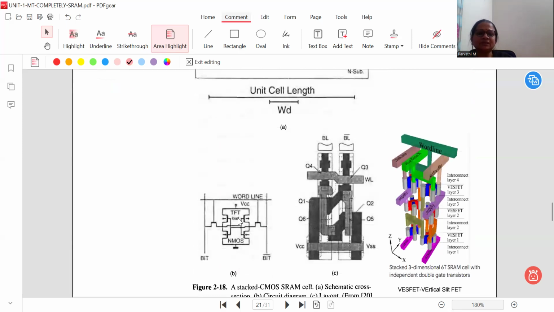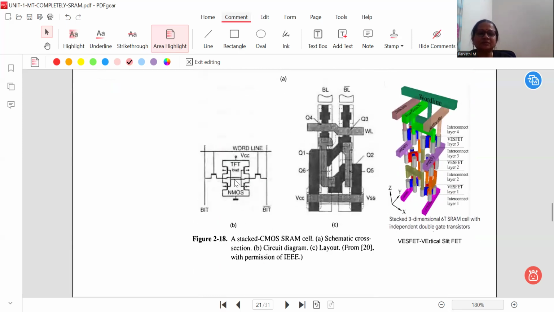Here this cell is represented in the circuit diagram. If you observe, the load devices are TFTs, and the access transistors as well as the pull down transistors are NMOS, and this is just like a CMOS circuit, how we have seen in the very first classes.